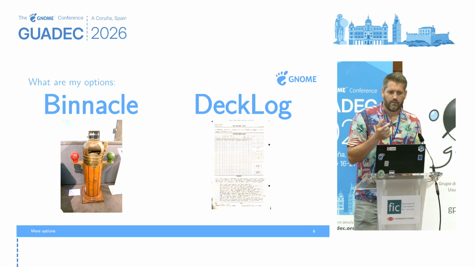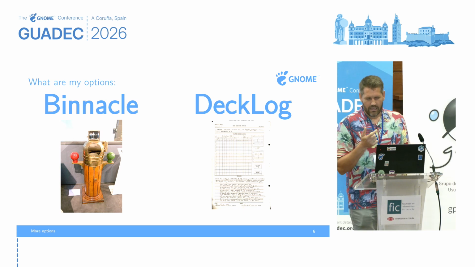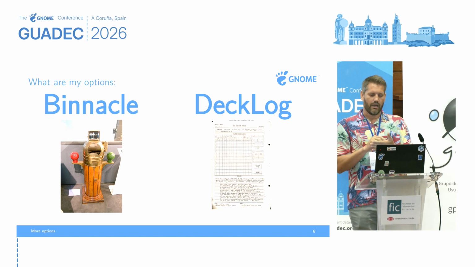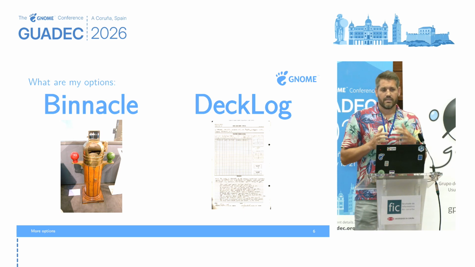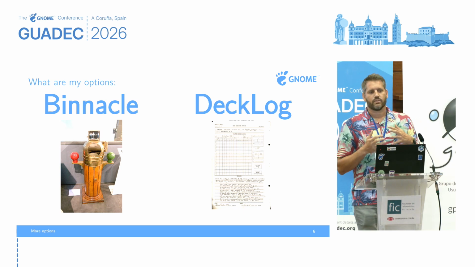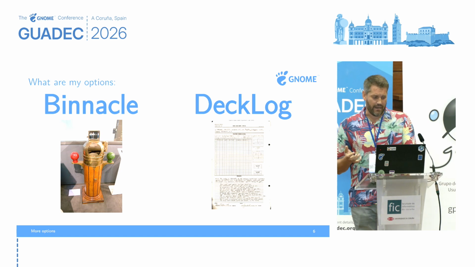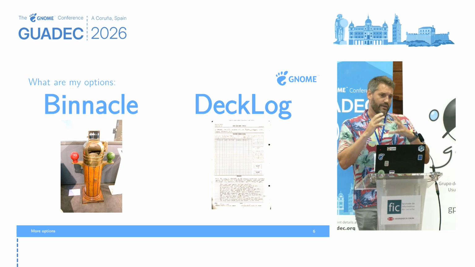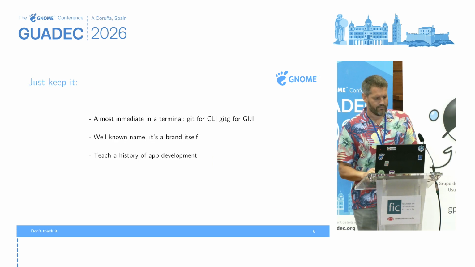And there is this other concept of deck log, which is how you record the events that happen from time to time, how you make a history of what is going on in the trip that you are on in the boat. So these two concepts may reflect what Gitg does, so maybe it's a concept that we can use for renaming the app. And even the binnacle is a very recognizable item, so maybe we could create an icon for that and have a recognizable icon for Gitg.